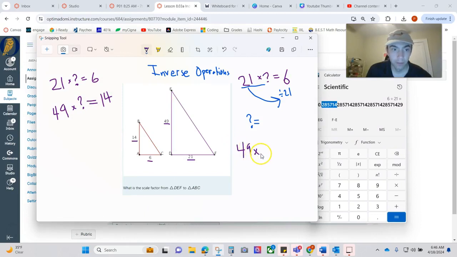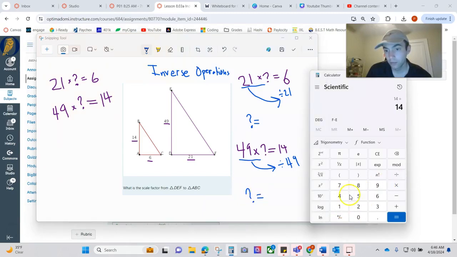49 times question mark equals 14. Let's use inverse operations and move times 49 to the other side using the opposite operation. Divide by 49. Question mark equals what's 14 divided by 49?